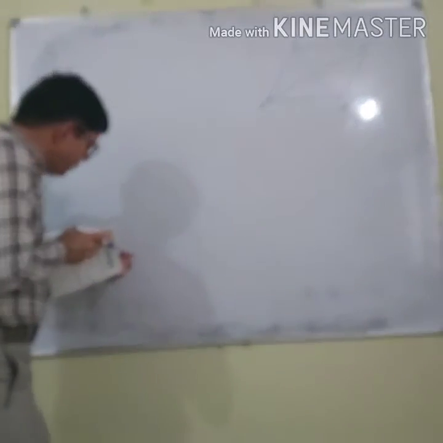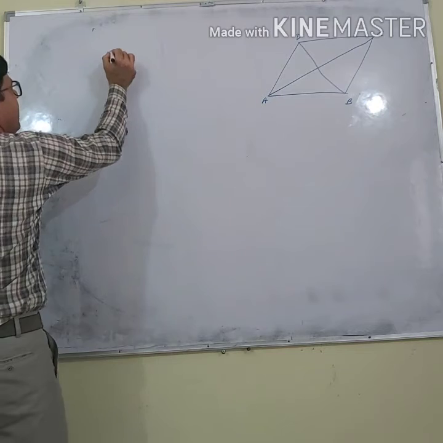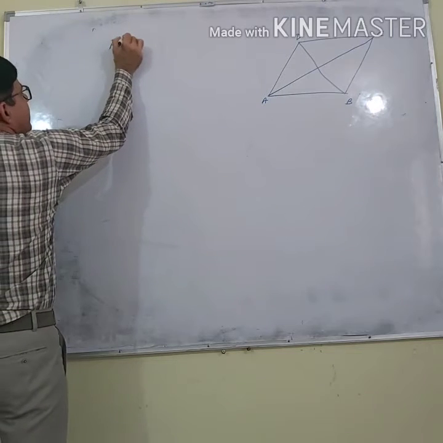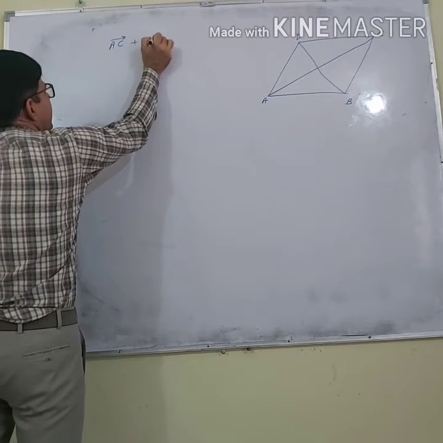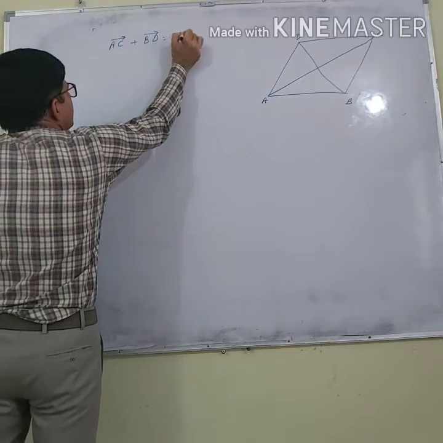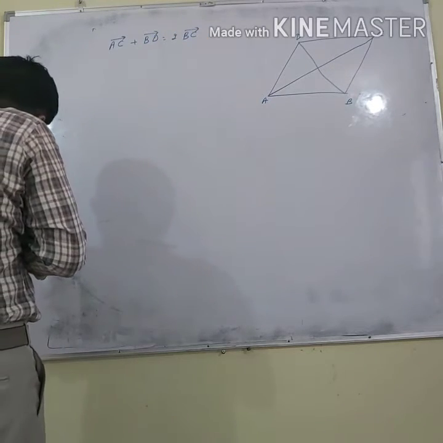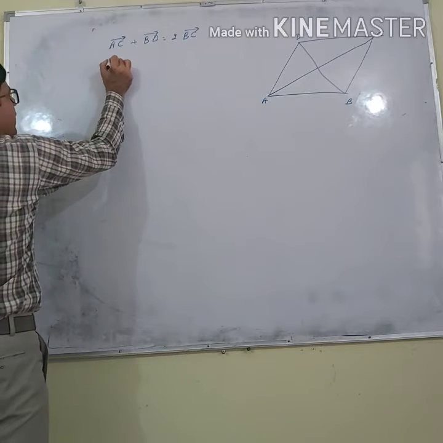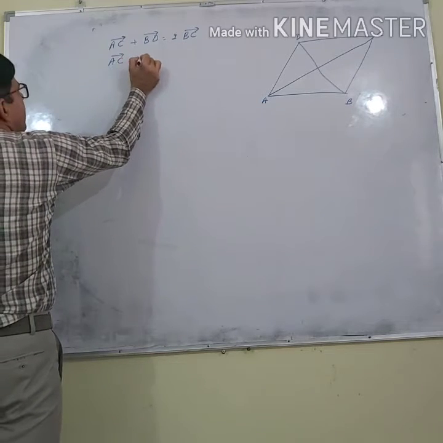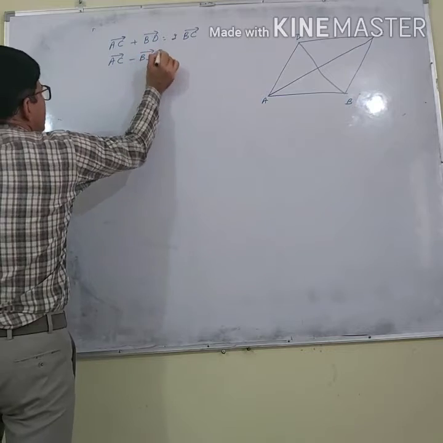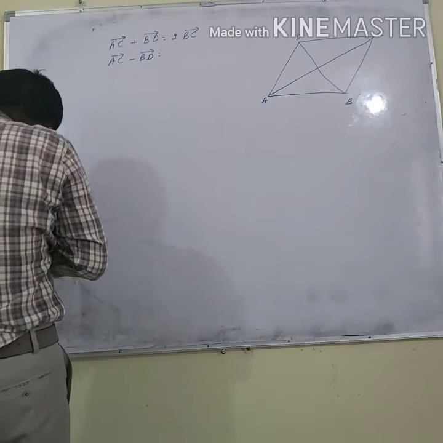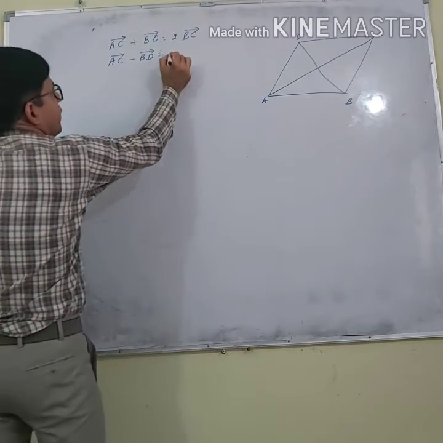Now we have to prove that AC plus BD equals twice of BC, and AC minus BD equals twice of AB.